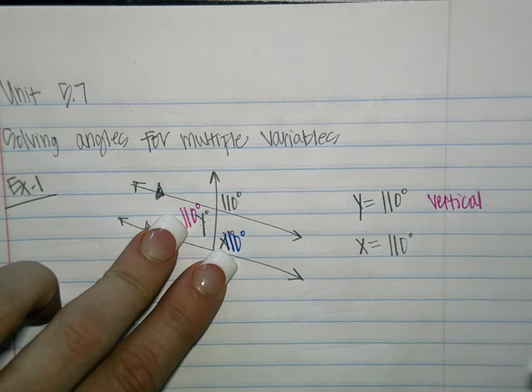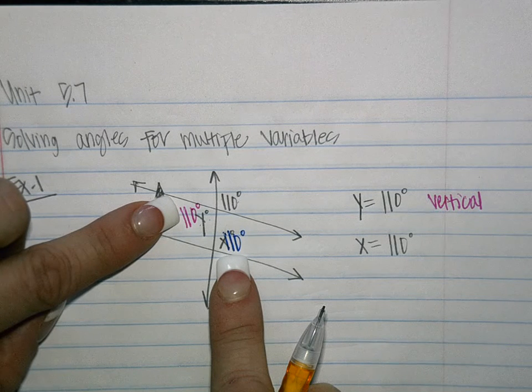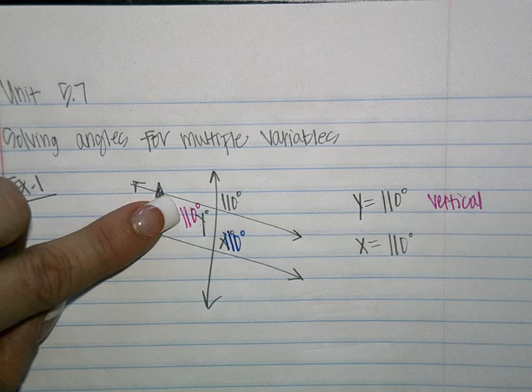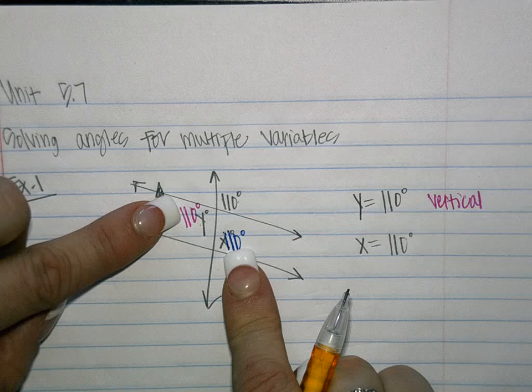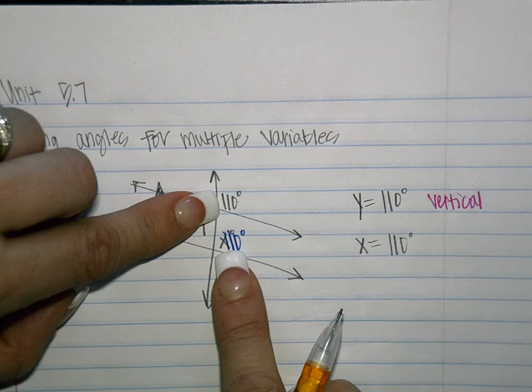They're not vertical again. So there are two different ways you could look at this. X and y together, their relationship is that they are alternate interior angles. Or you could have figured out that this was 110 because this x and this 110 are corresponding angles.